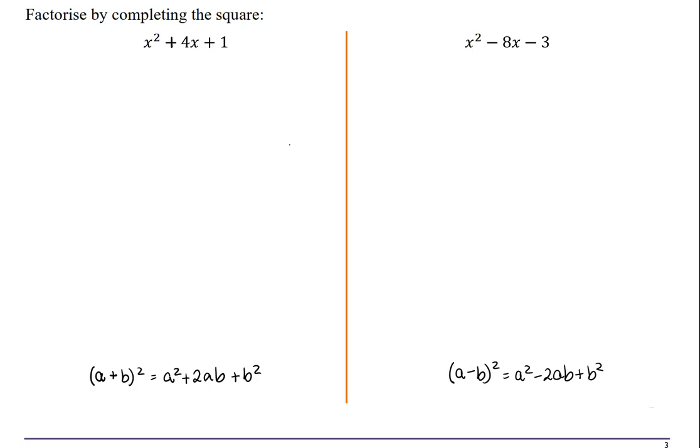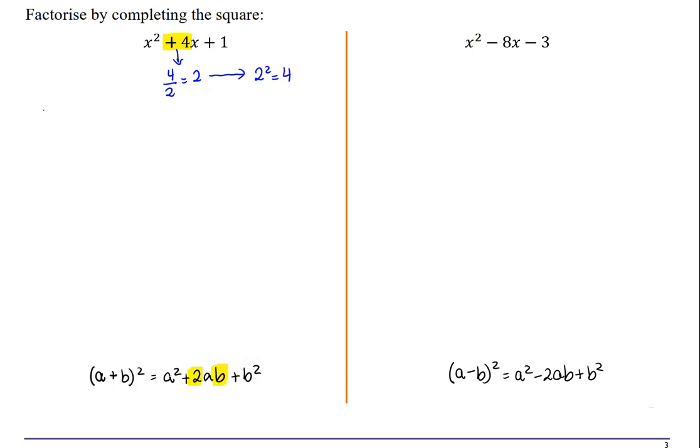Right? So when I look at this, I look at that coefficient of x, remembering that's my 2b if I look at that formula down the bottom. So I want to know what b is. So I'm going to go 4 divided by 2 is 2. I want to square that so I know what my b squared would be, and that would be 4.